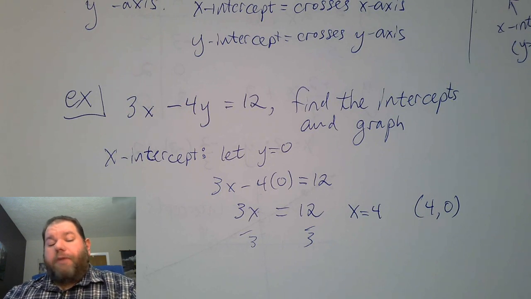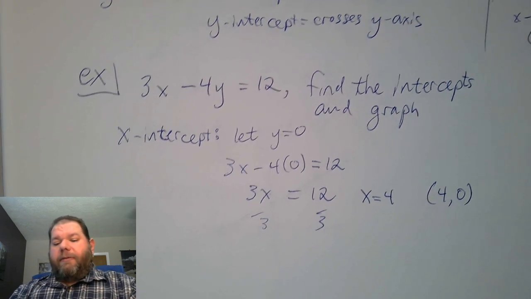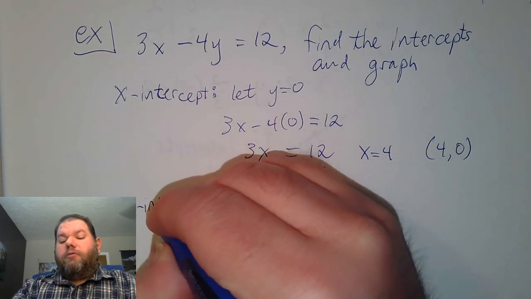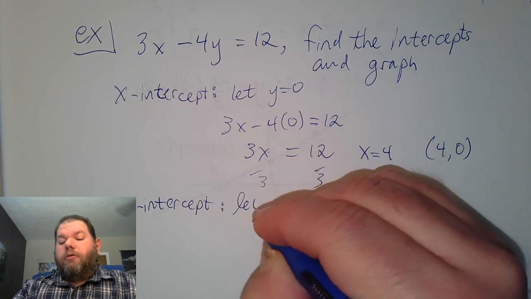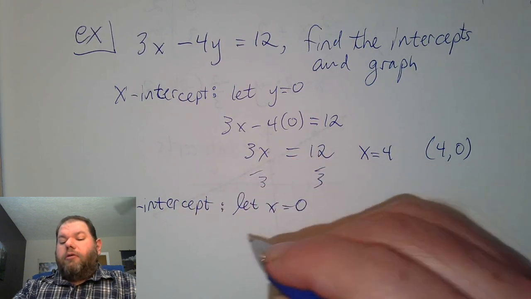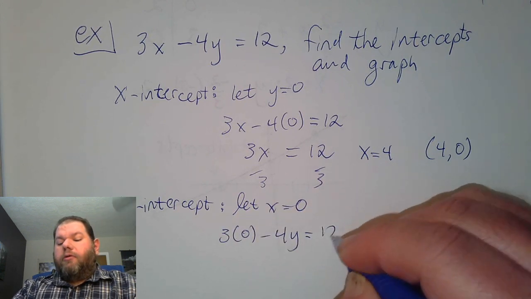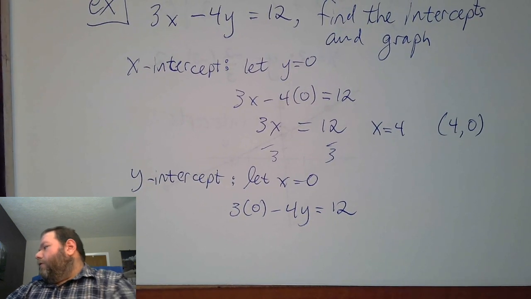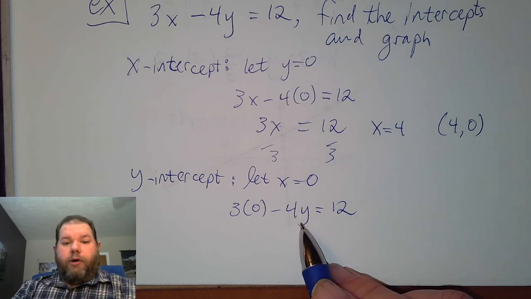Okay. By the same token, we can find the y-intercept by letting x equal 0, basically taking the same approach. So by letting x equal 0, we get 3 times 0 minus 4y equals 12.